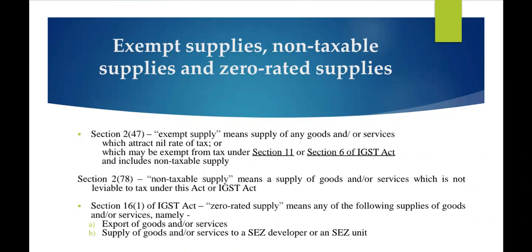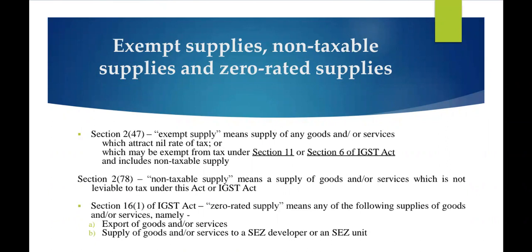The third category is in section 16 subsection 1 of the IGST Act. It says zero rated supplies. Zero rated supplies mean any of the following supplies of goods and services, namely export of goods and services, and supply of goods and services to an SEZ developer or SEZ units, that is, special economic zone developers or units.